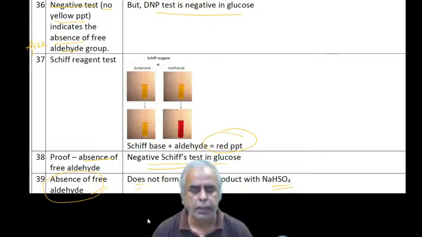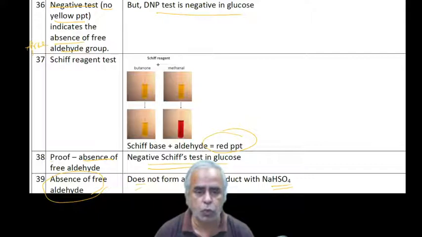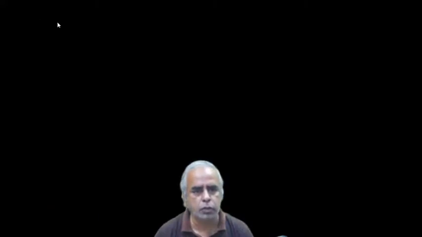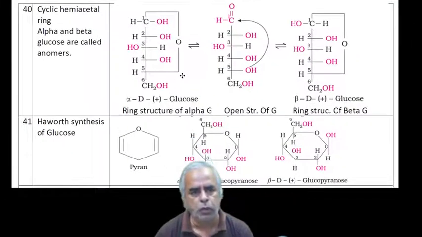So it doesn't have a free aldehyde even though it has the CHO terminally. Based on these wonderful results, they were able to arrive at the hemiacetal ring formation, that is the ring structure for glucose, based on these experimental studies, and that is why it is known as structural elucidation of glucose.